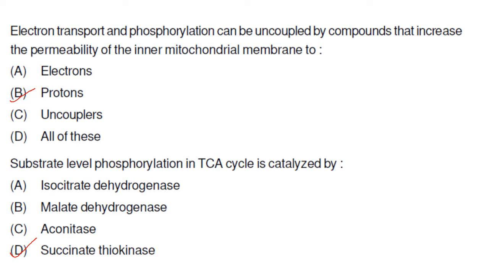Electron transport and phosphorylation can be uncoupled by compounds that increase the permeability of the inner mitochondrial membrane. Compounds that increase the permeability of the inner membrane to H positive allow electron transport to proceed but inhibit ATP synthesis.